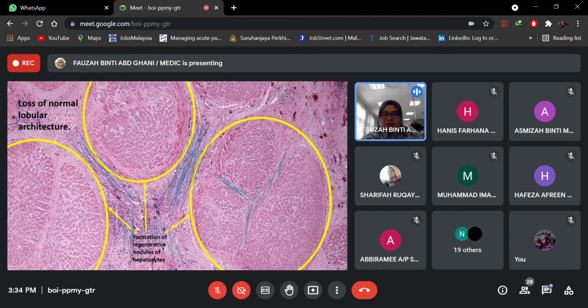Not only in between the larger nodules, but in the nodules itself, there are areas also having these. Okay, and these are actually the fibrous septa, the interconnecting fibrous septa. So this is the fibrosis that has occurred in this condition, leading to the disruption of the normal architecture of the liver. Otherwise, it would not look like this. This is because of this condition.